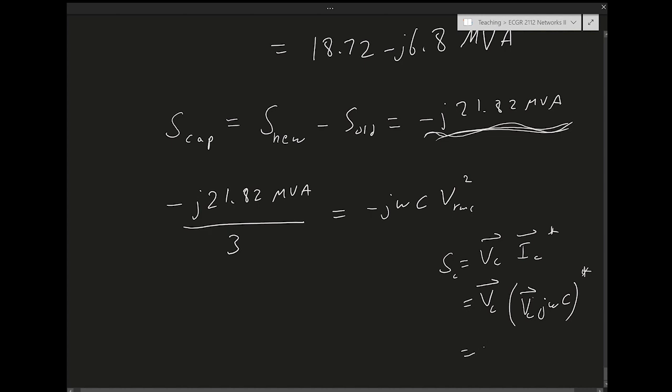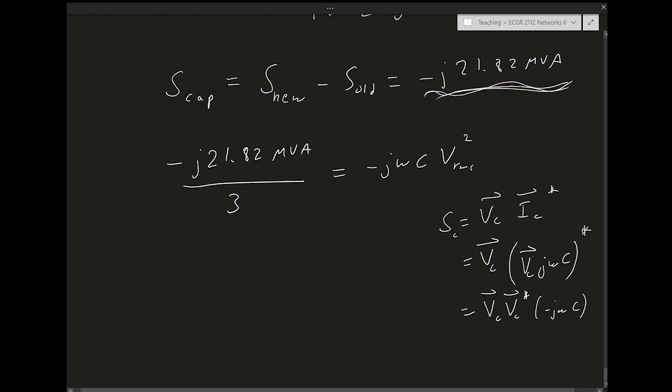When I conjugate this, I end up with VC conjugate times minus J omega C, because the conjugate of J is minus J. Any phasor, any complex number times its conjugate gives me the magnitude squared. So this becomes magnitude squared, and then minus J omega C. This is how this term shows up.